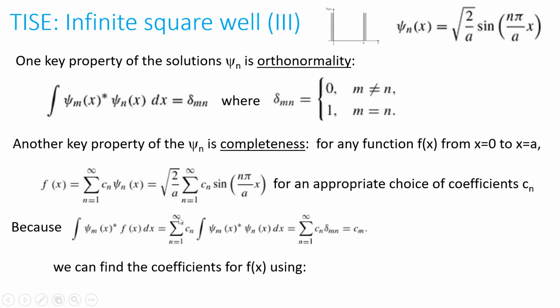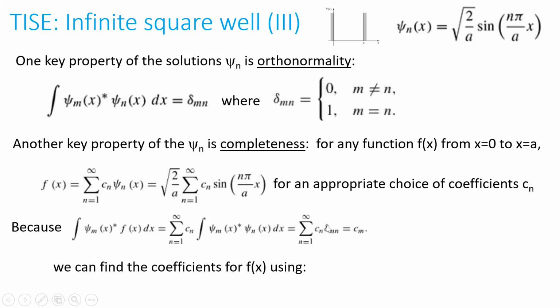Cn is a constant, so it comes out in front of the integral. Here's Cn psi n. When we integrate this psi m star psi n, remember that's 0 if m is not equal to n, and it's equal to 1 if m is equal to n.